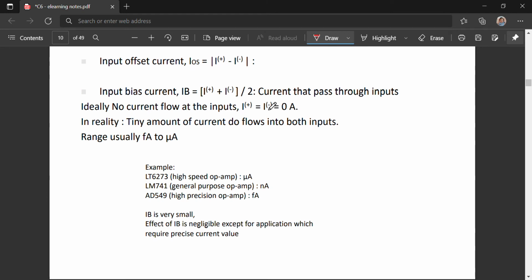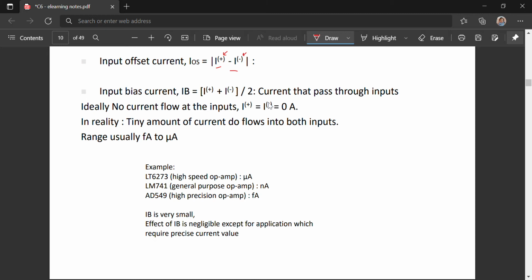The input offset current can be found as I plus minus I minus, where I plus is at the non-inverting input and I minus is at the inverting input of the op-amp. The input bias current, IB, is usually found as I plus plus I minus divided by 2.